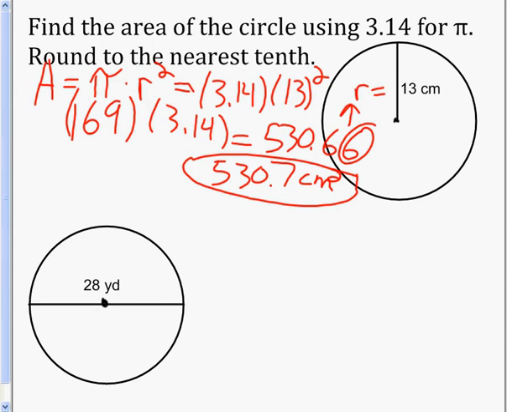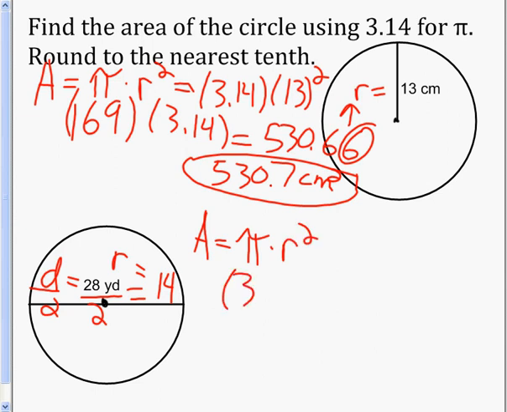Next we have 28 yards, but that goes all the way across, so this is actually going to be our diameter. So to find our radius, we're going to have to divide both of these in half. Half of 28 will give us 14 as our radius. So now, area is Fuzzy Wuzzy was a bear. Area equals pi r squared. Let's fill in what we know. So pi is 3.14 and radius is 14.